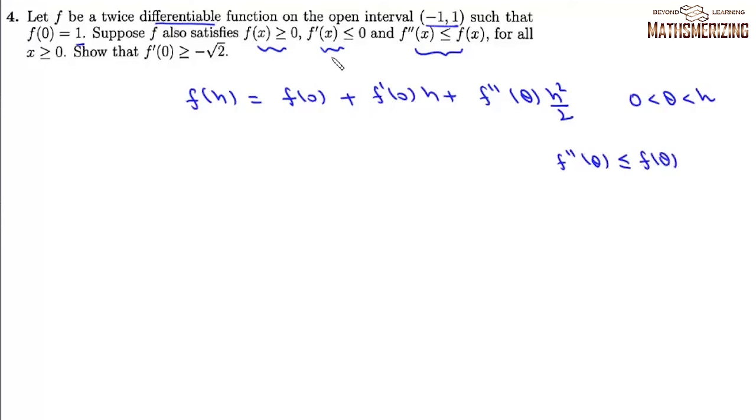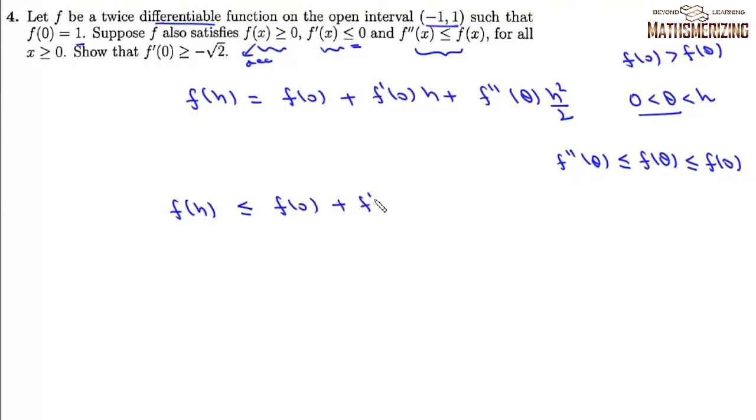Now since f'(x) is less than or equal to 0, it simply means f(x) is a decreasing function, and if f(x) is decreasing, then f(0) will be greater than f(theta). So f(theta) will be less than or equal to f(0). f(h) will be less than or equal to f(0) plus f'(0)h plus f(0) h square by 2.